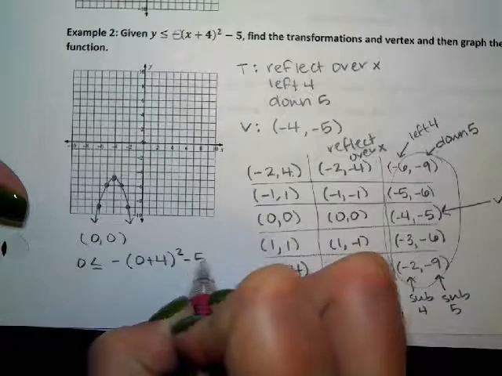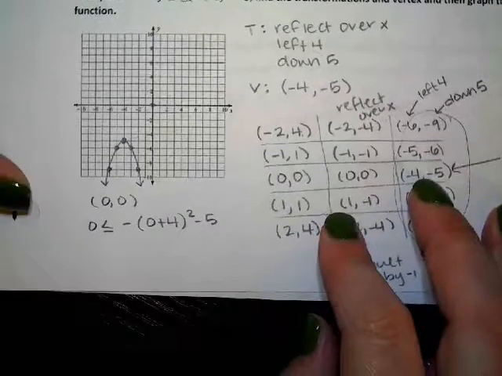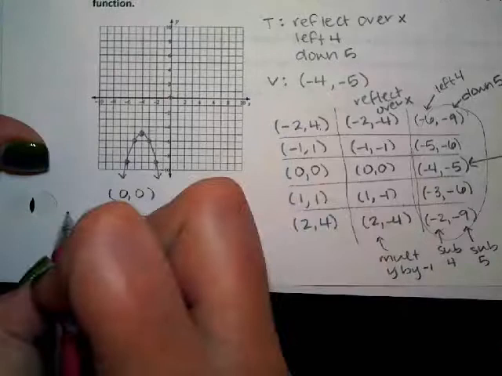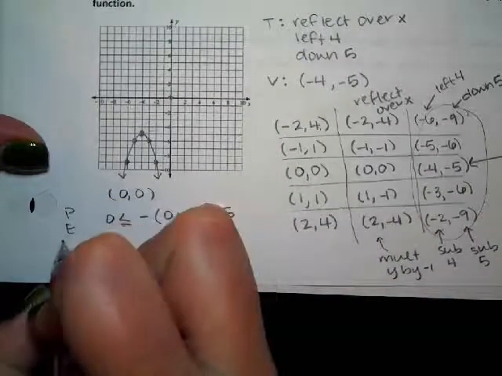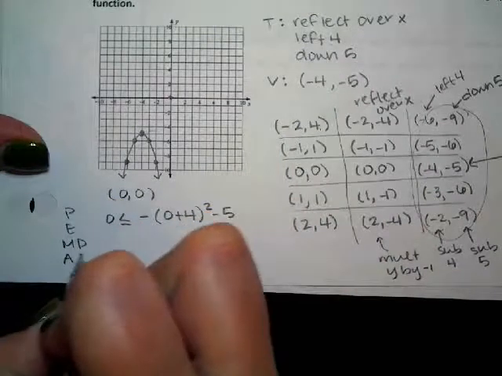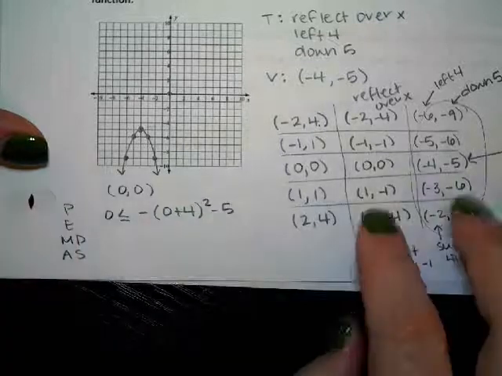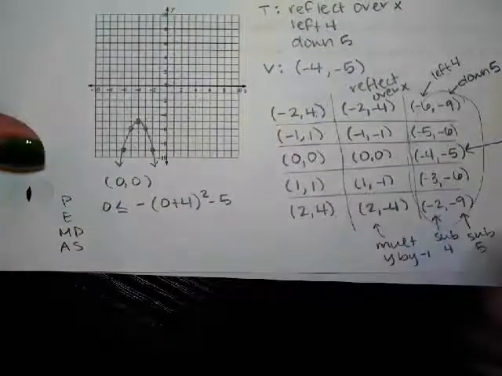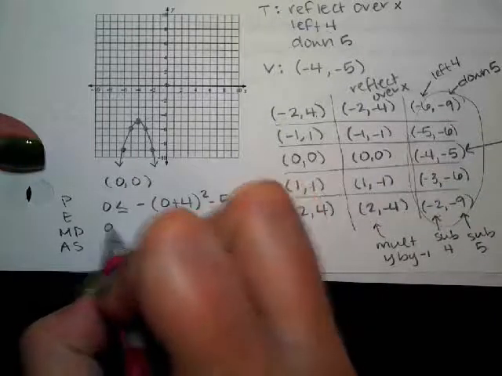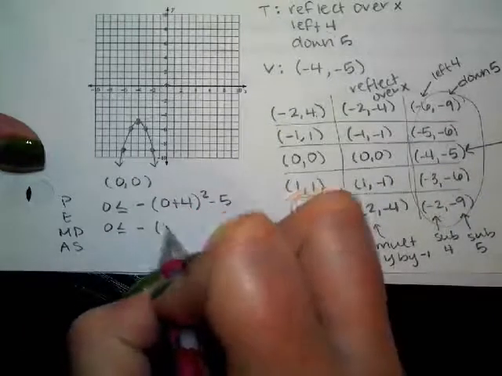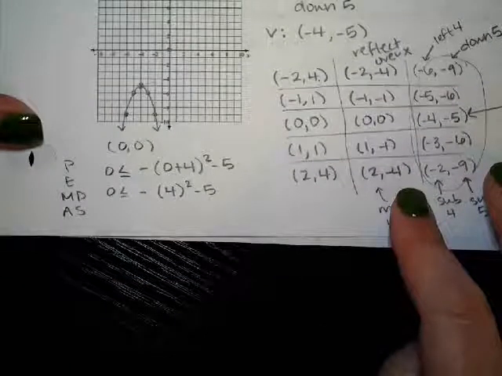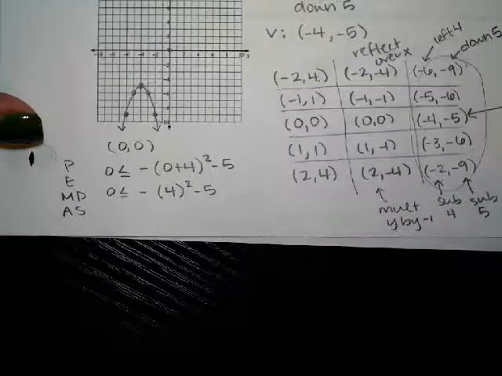And I'm going to do my order of operations. Okay, so first parentheses, what's inside my parentheses? Okay, 0 plus 4 is 4. Then I'm going to do my exponents. So what's my exponent? 16, 4 squared is 16.